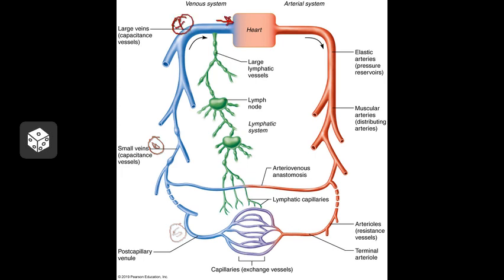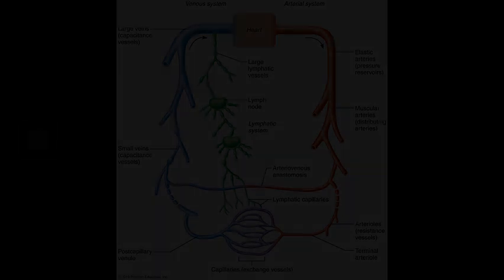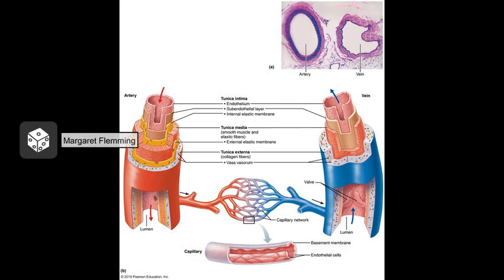to the heart. So let's take a look at some details about how blood vessels are made, the different layers of them, and how different blood vessels are built differently. In your note outline, you see a drawing of what we might term a generic blood vessel with three distinct layers.